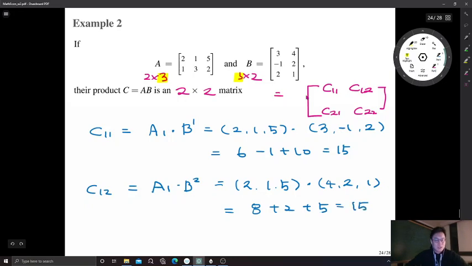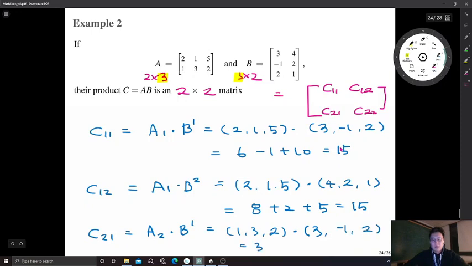Okay, let me do just one more. C sub 2, 1. All right, now that's going to be A sub 2 dot B super 1. Okay, so now we take the second row vector of matrix A, (1, 3, 2), dot the first column vector of matrix B, (3, negative 1, 2).